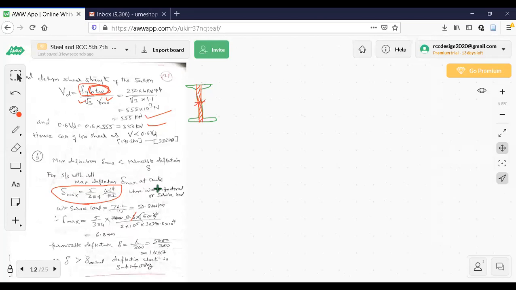Is this clear? Whatever I discussed today, I will upload it, so go back and check. Then attend the next class on plate girder. Your real knowledge is tested in plate girder and gantry girders. If somebody says I can design a gantry girder, it means he knows 90% of steel structures.